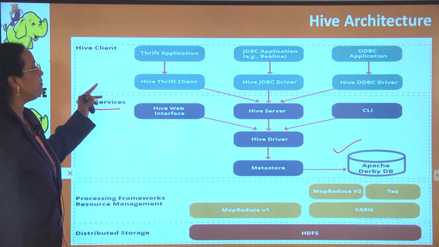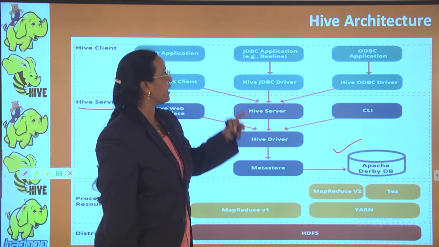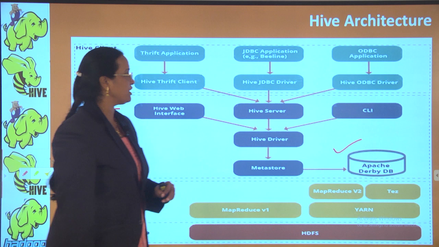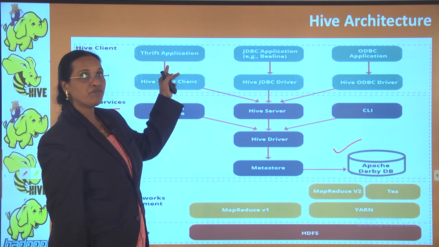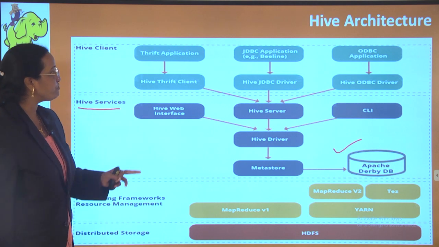These 2 architectures you are not much worried about, but the first 2 are very, very important here. The Hive client can be interacted with by Thrift applications, JDBC applications, or ODBC applications. When you use Thrift applications, they interact with the Hive Thrift client.